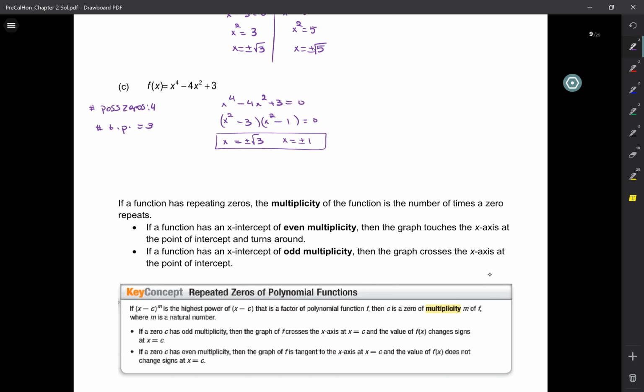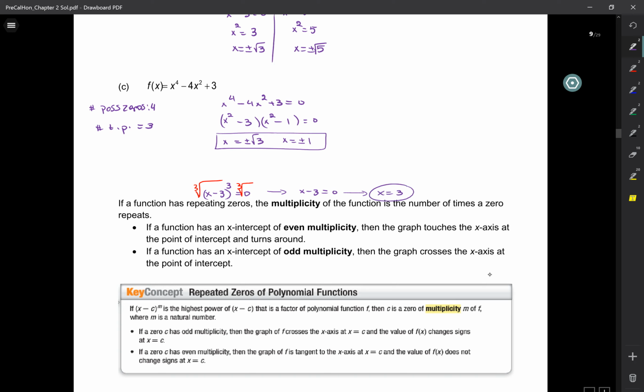Sometimes we have a function that has repeating zeros. So for example, if my equation was such that it said x minus 3 cubed is equal to 0, well, what do I do in this case? I take a cube root, right? And so I get x minus 3 is equal to 0, which means x is equal to 3. Well, what happened?